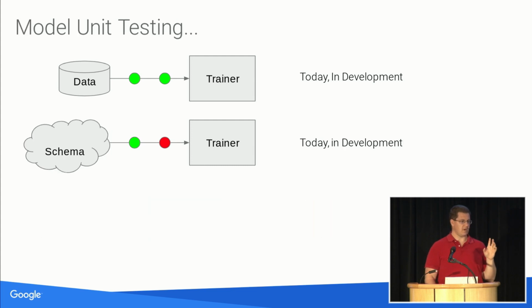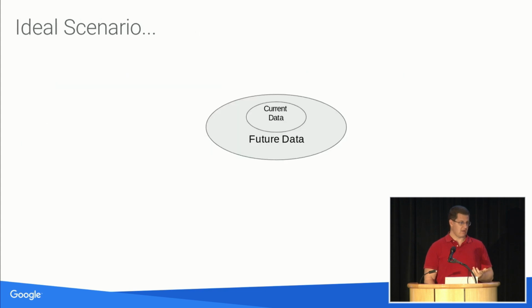So our solution here is that when you're developing the model, we do model unit testing where we take the schema that you generated and then we generate data that satisfies that schema and then we feed it into the trainer. So in an ideal scenario, the current data is a subset of all the data that you're going to see in the future.